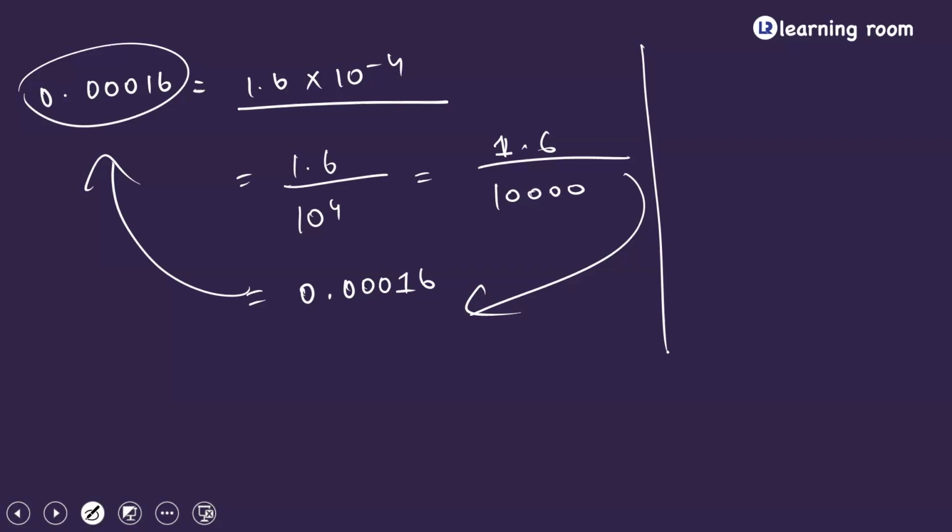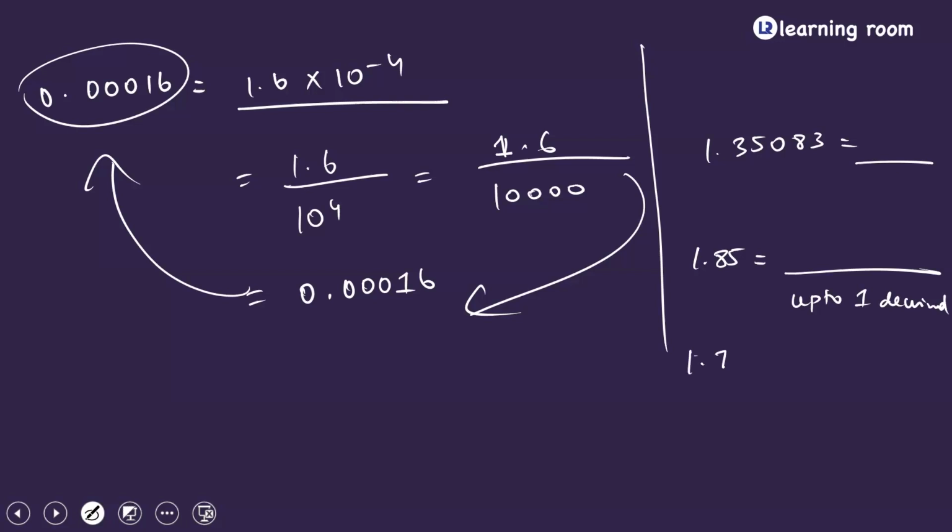You have to round it off to 2 decimals, all the answers. .85, I wanted you to round off to 1 decimal. First one is 2 decimals, up to 2 decimals.